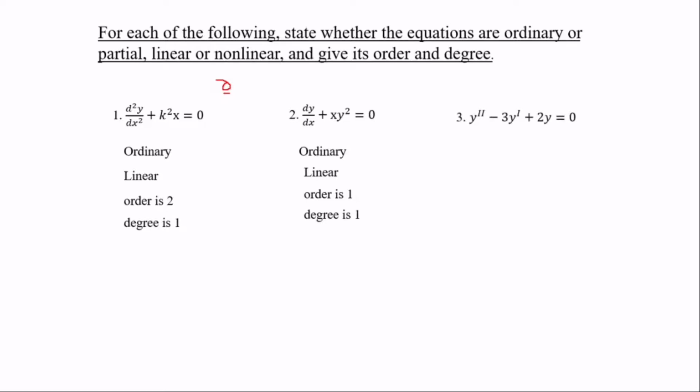So the next question is y'' - 3y' + 2y = 0. We are supposed to determine whether this is an ordinary or partial differential equation, linear or non-linear, and give its order and degree. This is automatically an ordinary differential equation and it is linear.